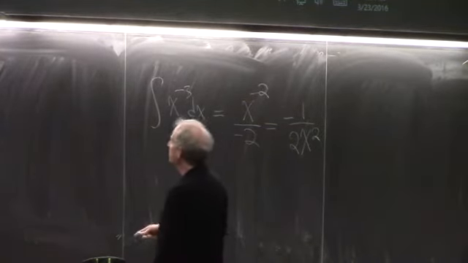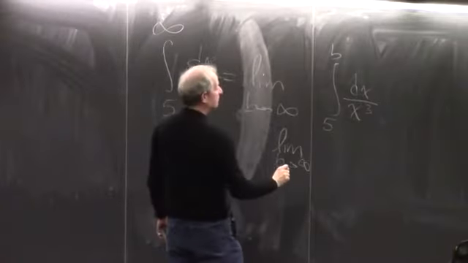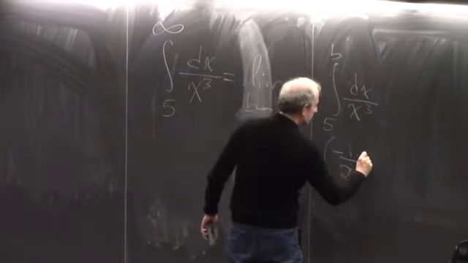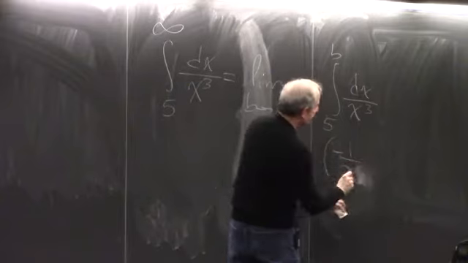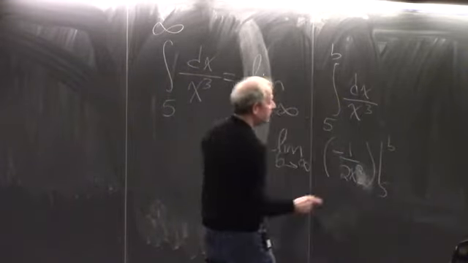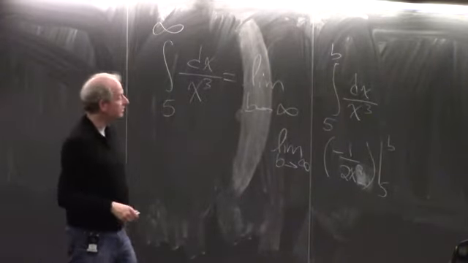Okay, so this is now going to be the limit as b goes to infinity of negative 1 over 2x squared evaluated from 5 to b. You plug in the b, and you plug in the 5, and then you take the limit.